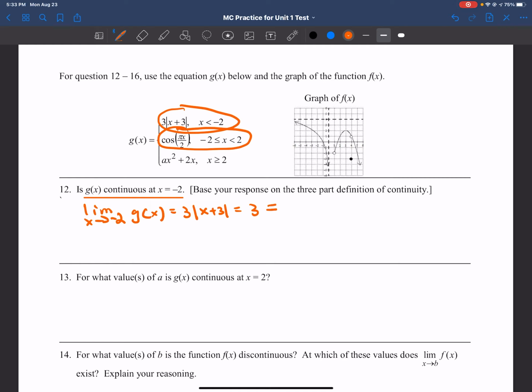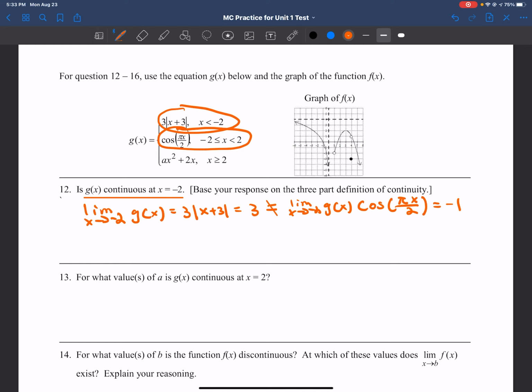And this is not equal to limit of x approaches -2, g of x cosine of pi x over 2. Because that just equals -1.